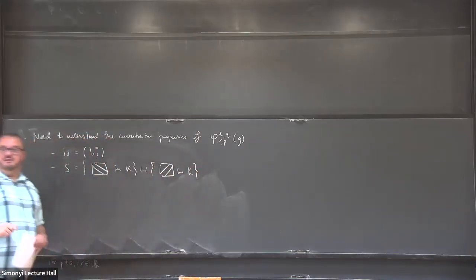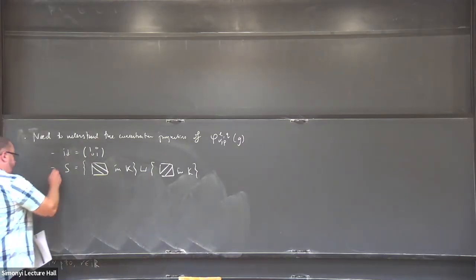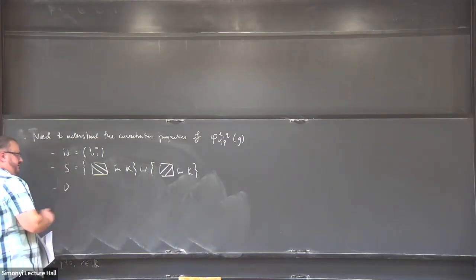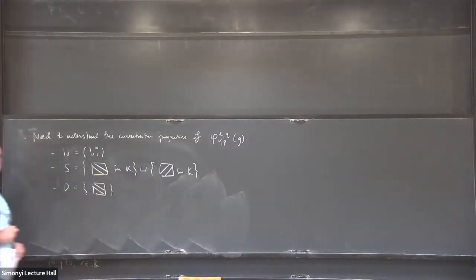Both of these are 1-dimensional. This is the centralizer of A in K, and there is a good description of this set. Then there's the 2-dimensional set of all diagonal matrices in G.